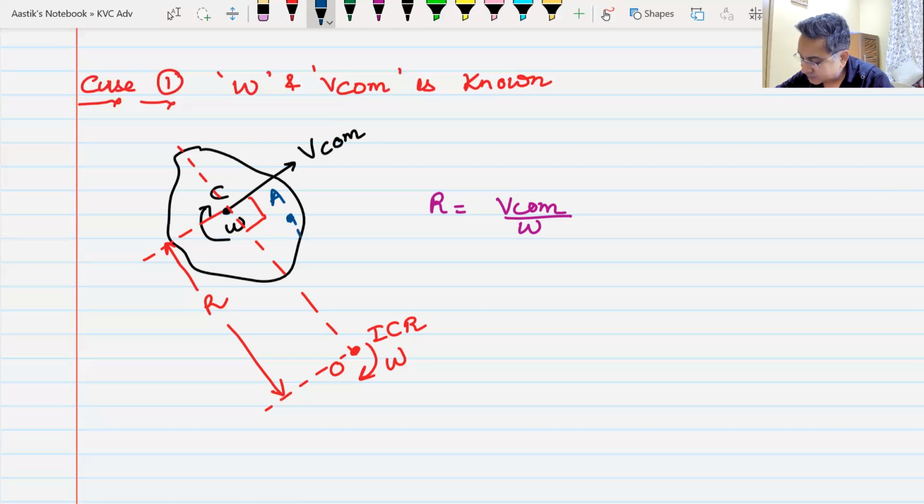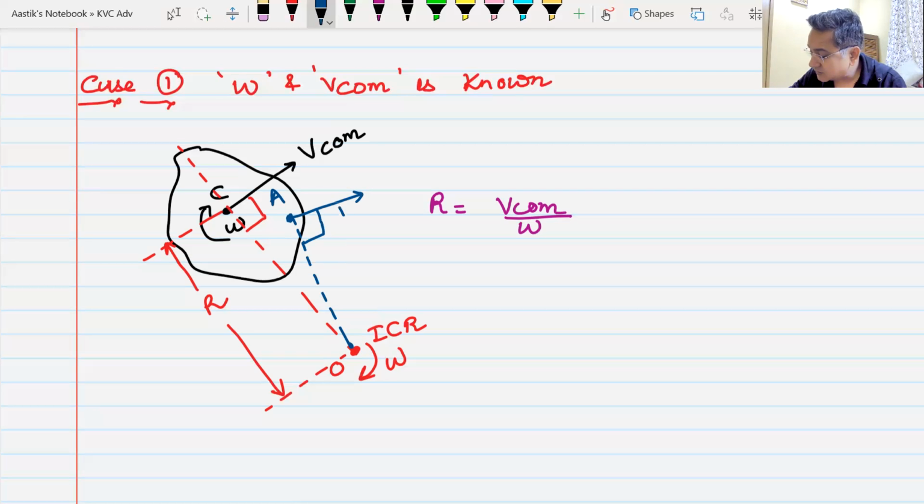You will join this point with the instantaneous center of rotation. Remember, this body is in pure rotation now. The velocity of this point has to be perpendicular to this line because it is in pure rotation, and it is rotating with an angular velocity omega.